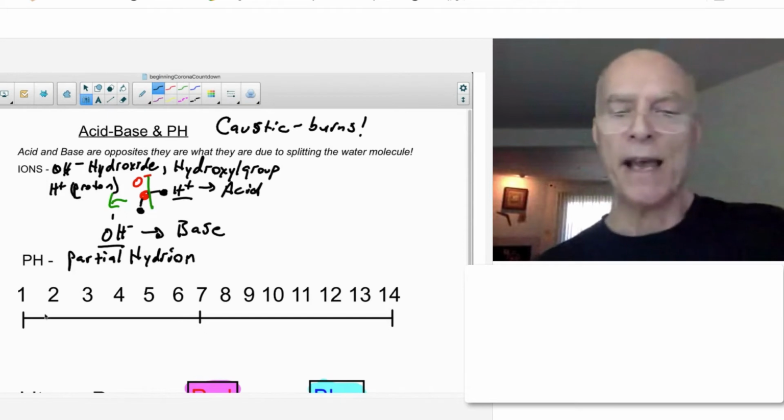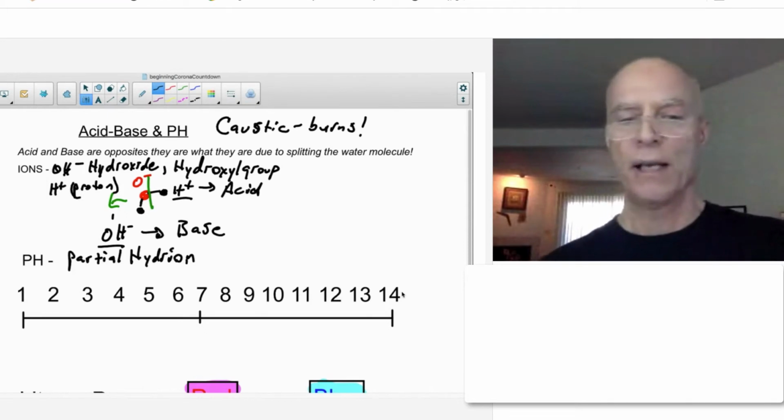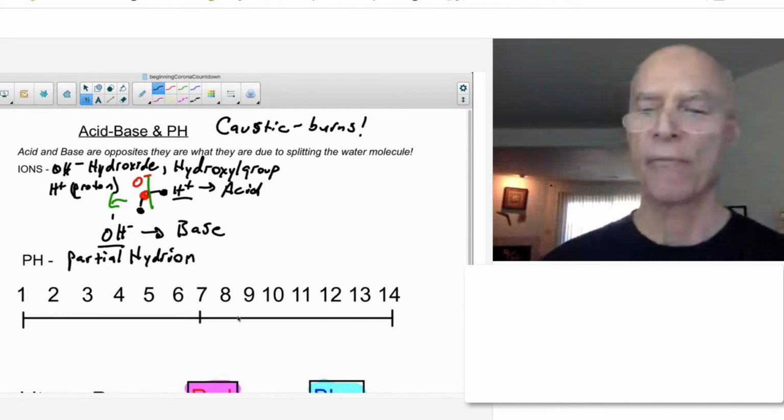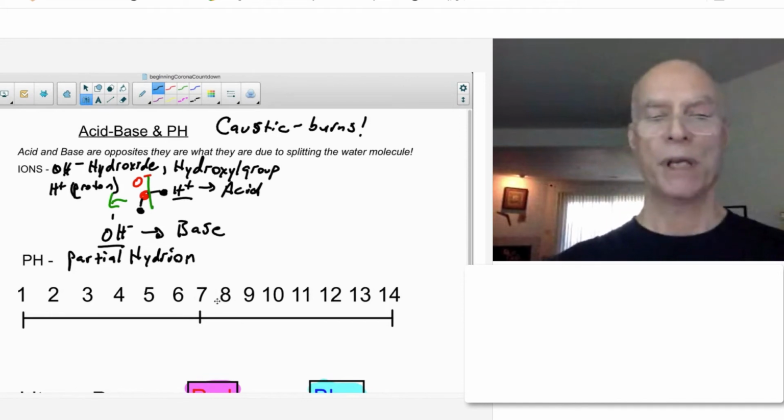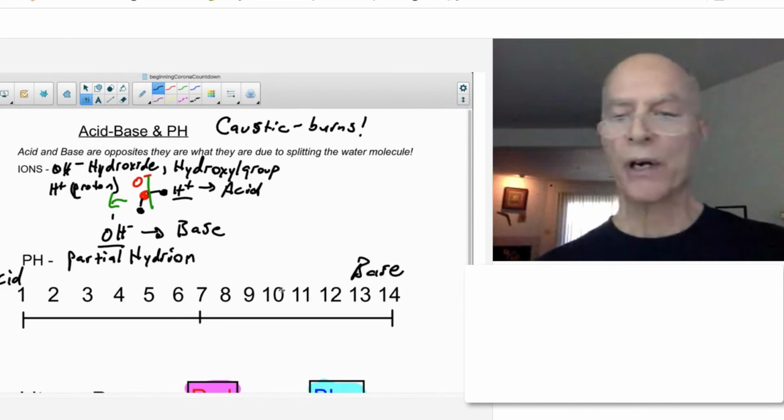Now, they have numbers associated to them going 1 to 14, and 7 is significant because it's halfway between 1 and 14. So anything down at the small numbers is acid. So acids are small numbers. Bases are high numbers.